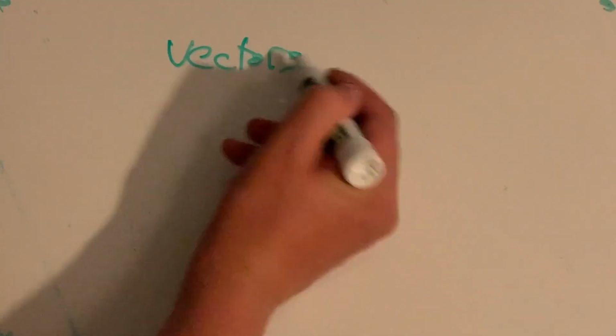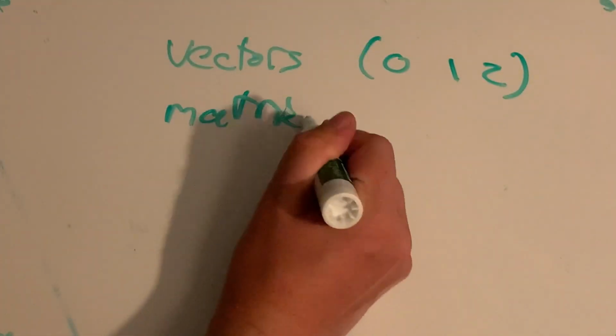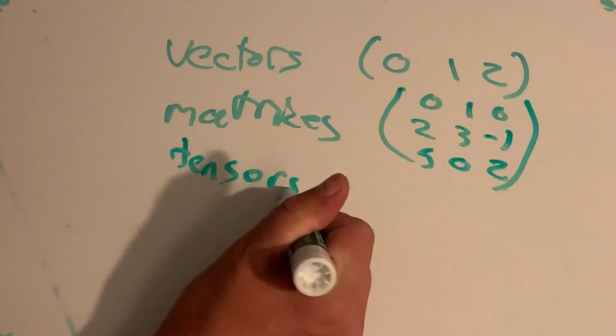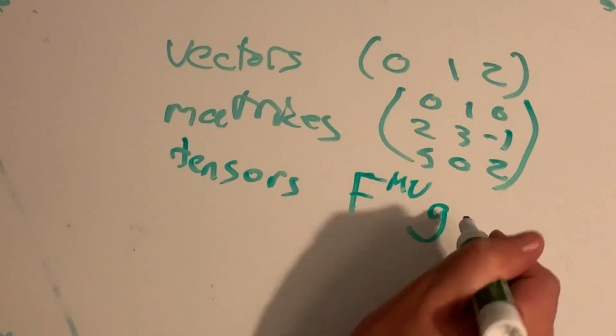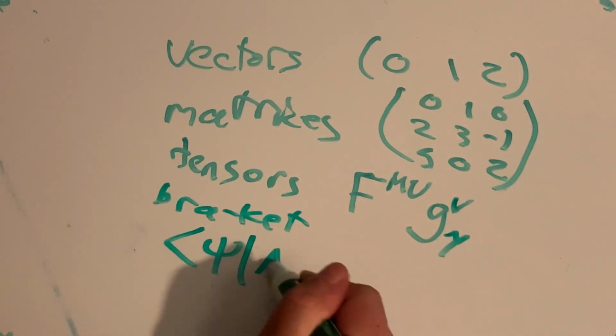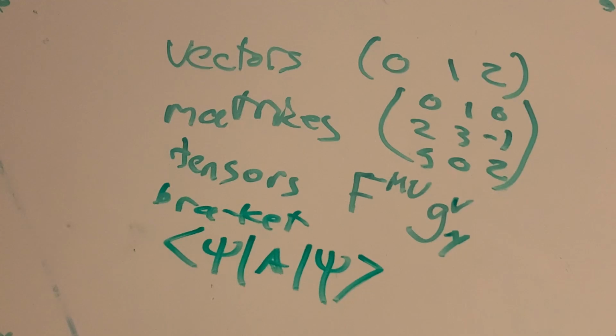When I was first introduced to the concepts of vectors, matrices, something called tensors, as well as something called Bra-Ket notation, which is usually used in quantum physics, it was something kind of confusing and obscure to me. I didn't really understand why things followed the rules that they did.